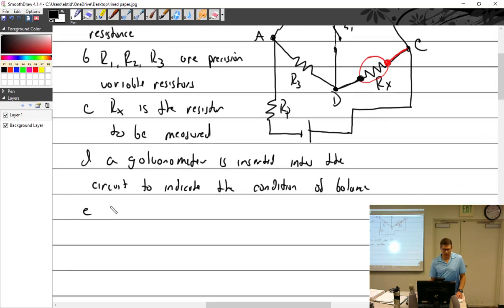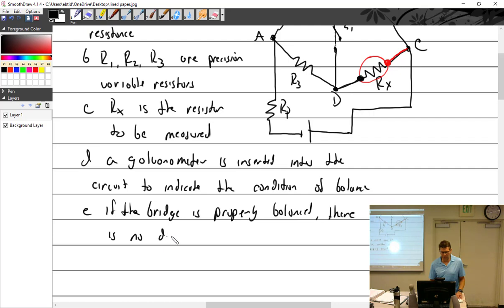If the bridge is properly balanced, there is no difference of potential, and the meter will read 0.